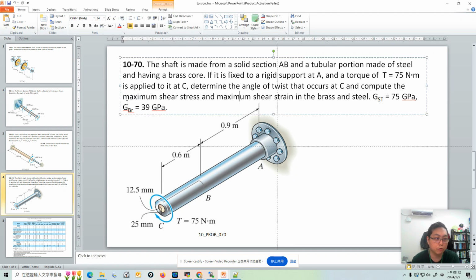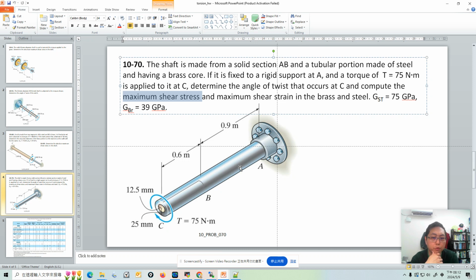If you have maximum shear stress, you will have a maximum shear strain. So just determine the maximum shear stress in the brass and steel. Brass and steel each have parts because BC is a coaxial section and AB is a solid section.